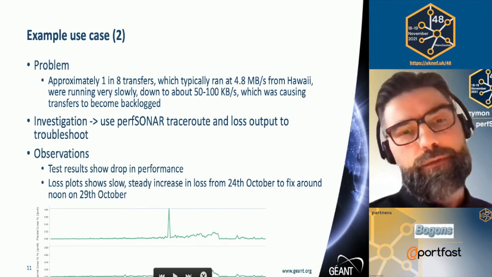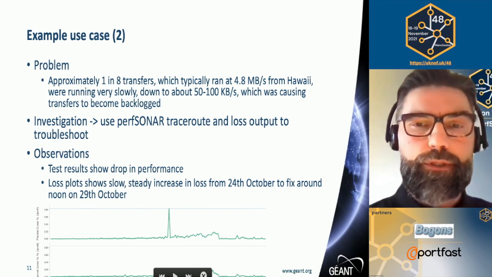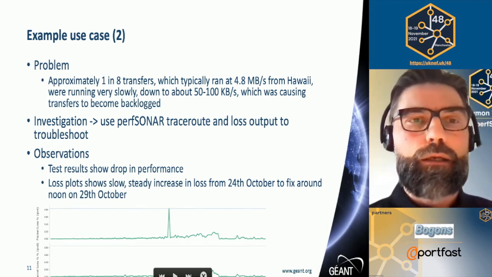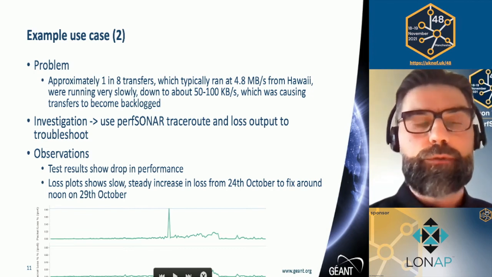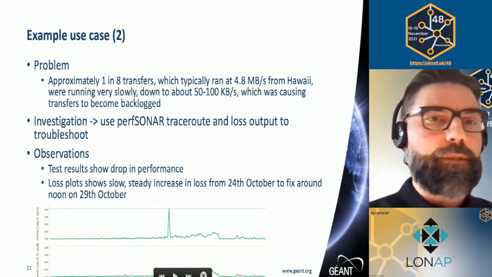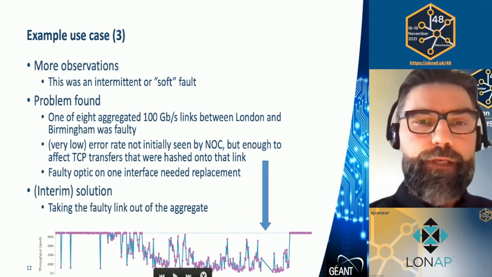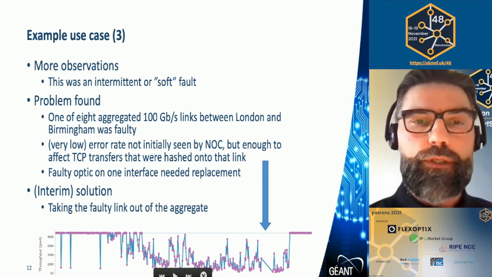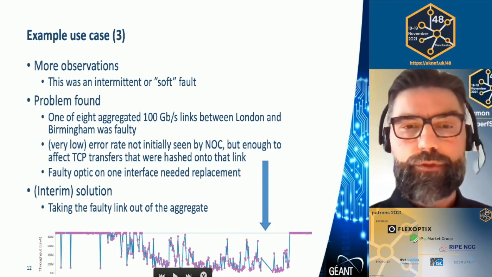They noticed that on the packet loss plots, there was a steady increase of packet loss at some point in time, which may have proved that there is really an impact on the network performance because of the TCP traffic behavior.